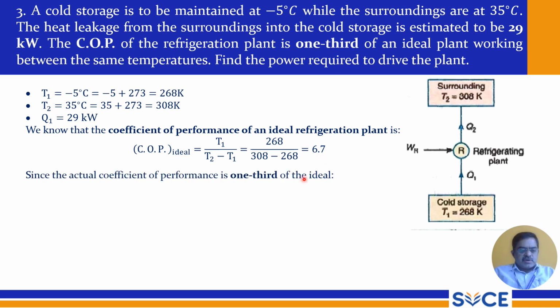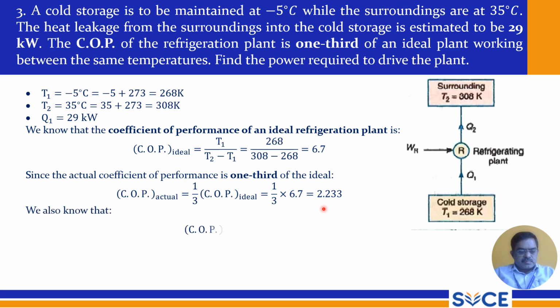The actual coefficient of performance is one third, so one third into 6.7 is 2.233. So this is the actual coefficient of performance for the refrigeration plant.